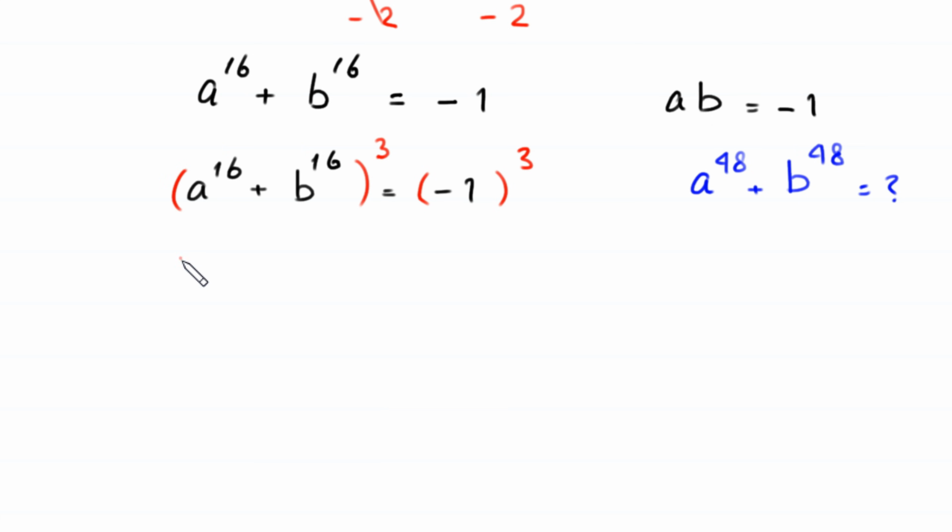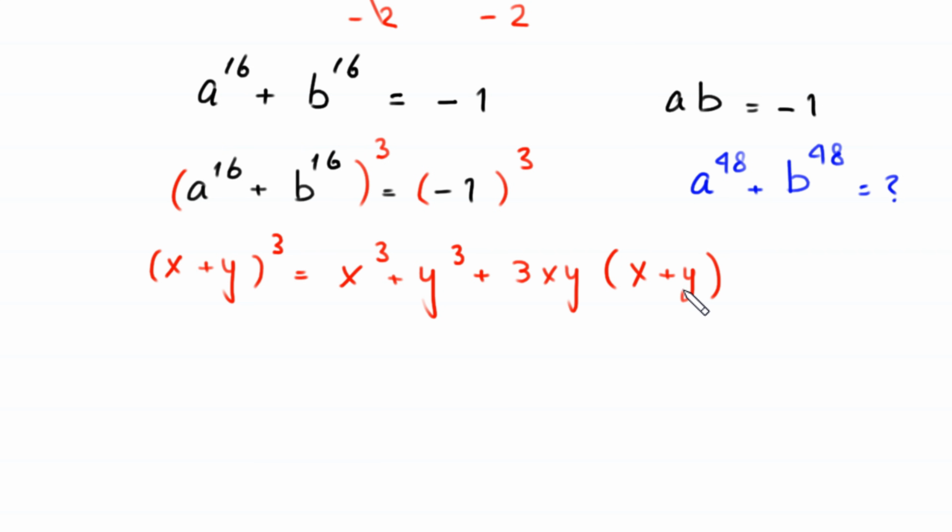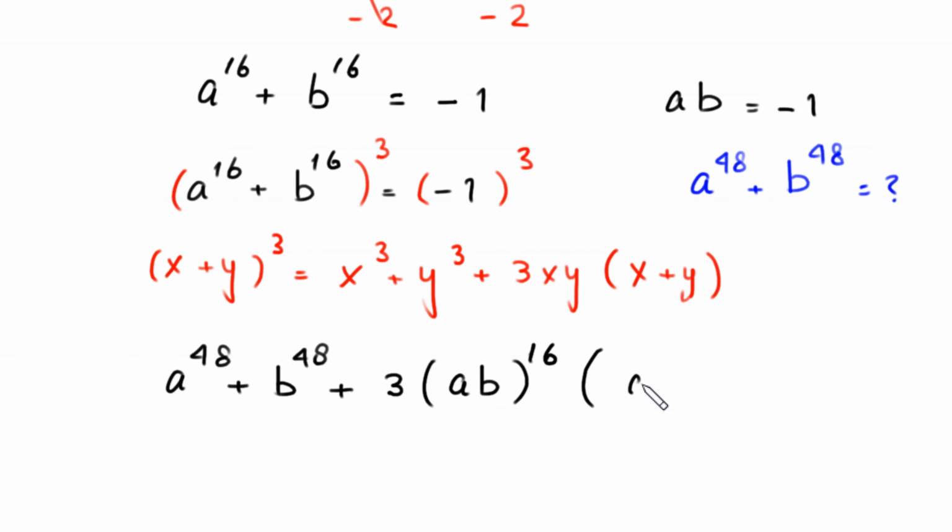By using the algebraic identity, (x plus y) whole cubed equal to x cubed plus y cubed plus 3 times xy times (x plus y), the expression on the left hand side will become a to the power 48 plus b to the power 48 plus 3 times (ab) whole to the power 16 times (a to the power 16 plus b to the power 16), equal to negative 1 cubed, which is negative 1.